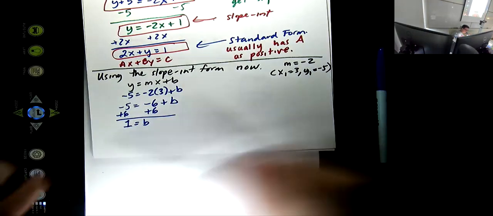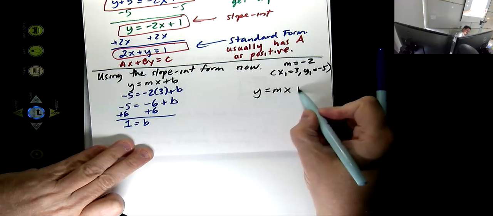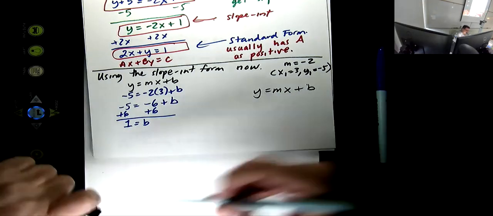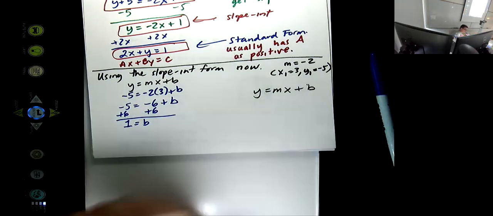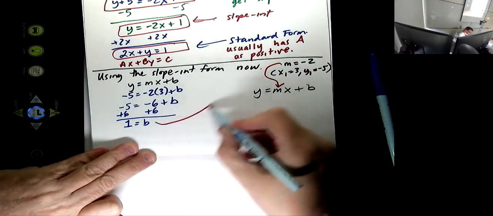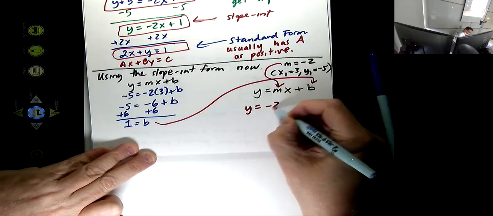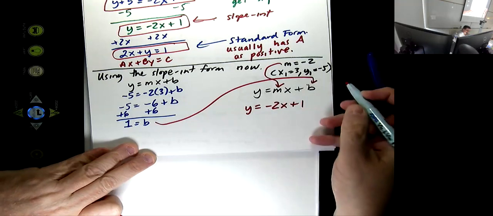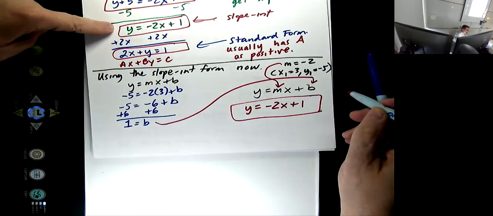That's not where you stop though. That part is actually pretty easy. A lot of times students forget to put it back in. We need to take m and put it in there, and we need to take b and put it in there. And we get y equals -2x plus 1. And you'll see that we got that up here.